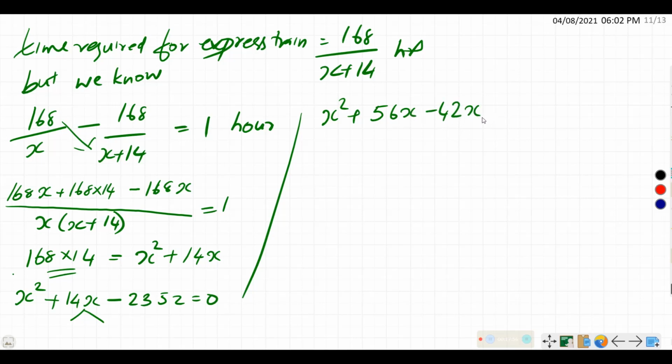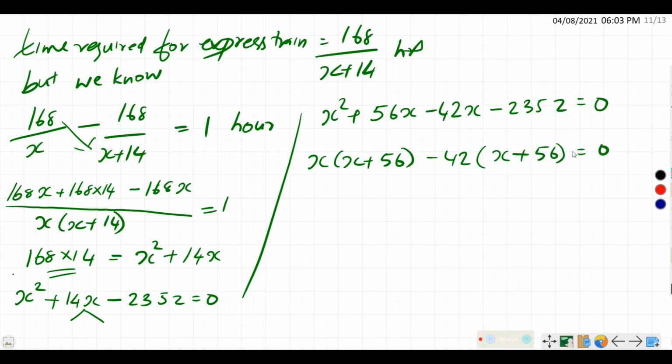Okay, then the 2352 will be as it is there, is equal to 0. Now we know how to do further. x plus 56 we have to separate out, and 42 in the case of x minus 42. Now the answer can be in such a way that either x plus 56 should be 0 or x minus 42 should be 0.